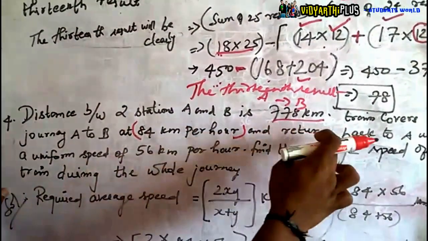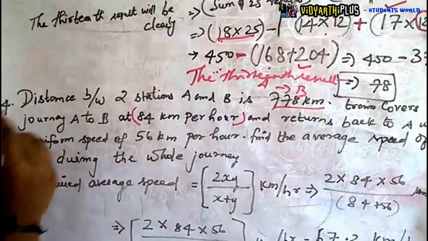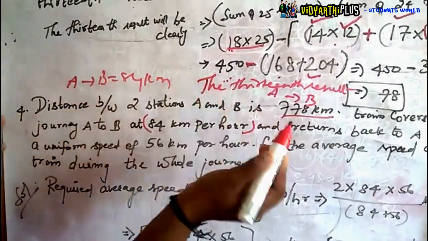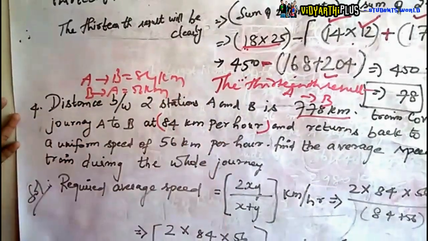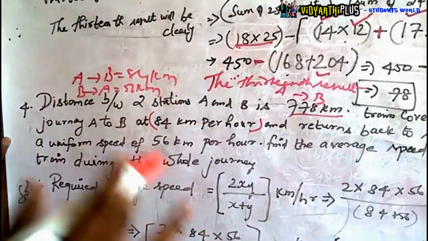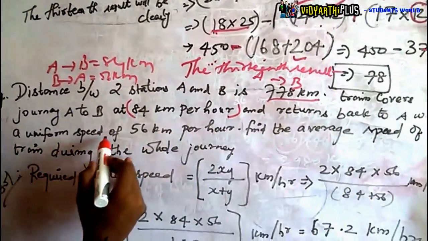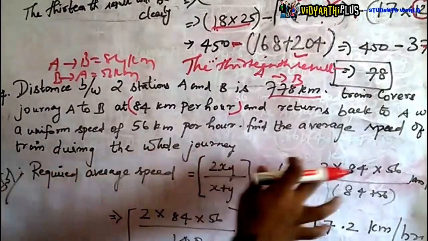It returns back to A with a uniform speed of 56 km per hour. The distance is the same, but the speed is varied. Find the average speed of the train during the whole journey.